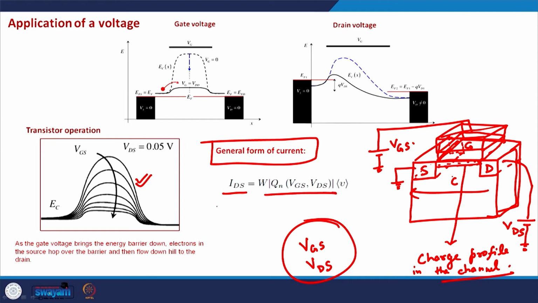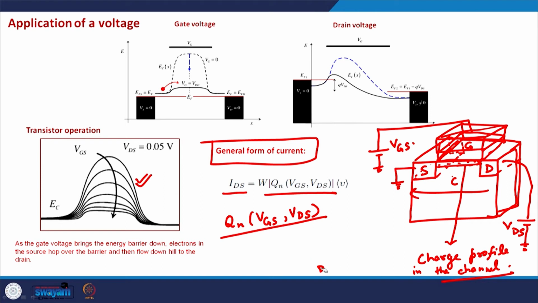The charge per unit cross-section area is represented as Qn, and this Qn is a function of both VGS and VDS. Okay. So this is one important parameter while discussing MOSFETs, that is the sheet charge density, the charge density in the channel.